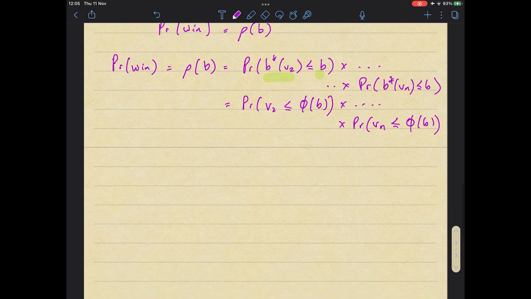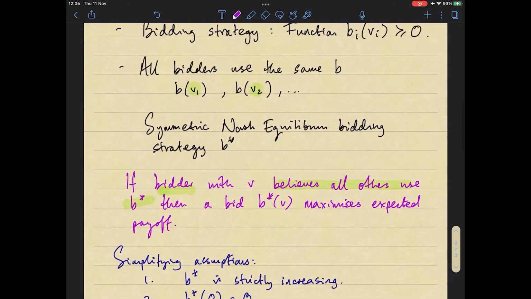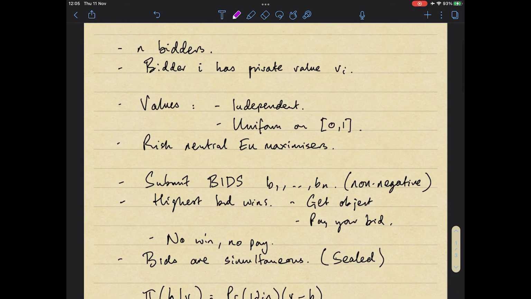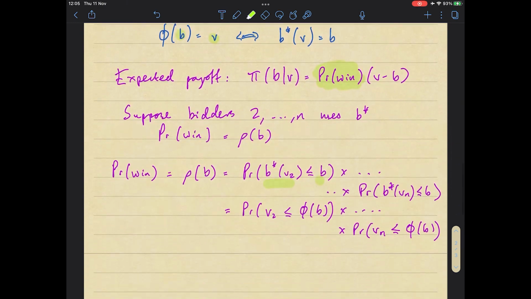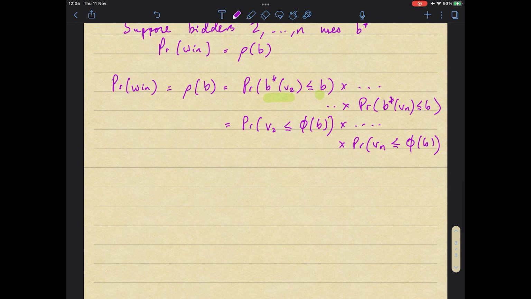Now we're talking about values. If I go all the way back up to the top, values are uniform on 0, 1. Using the uniform distribution that we've worked with quite a lot already, the probability that this uniform random variable is less than a specific number is just equal to that specific number.